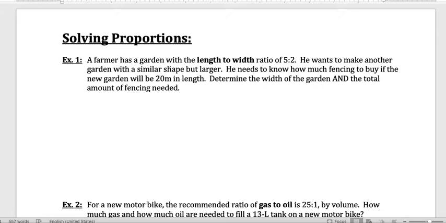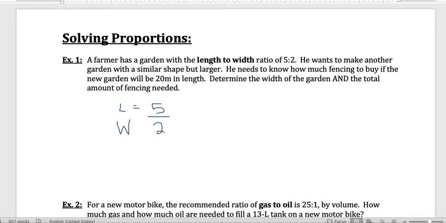A farmer has a garden with the length to width ratio of 5 to 2. He wants to make another garden with a similar shape but larger. He needs to know how much fencing to buy if the new garden will be 20 meters in length. Determine the width of the garden and the total amount of fencing needed. So we know it's a length to width ratio of 5 to 2.